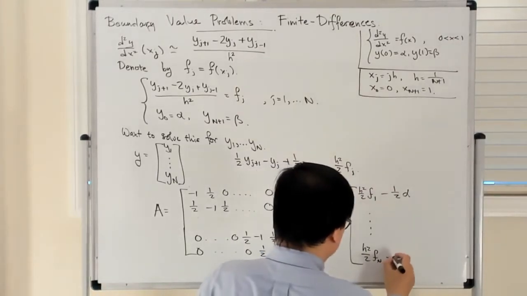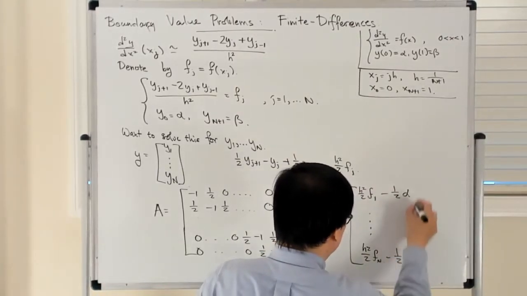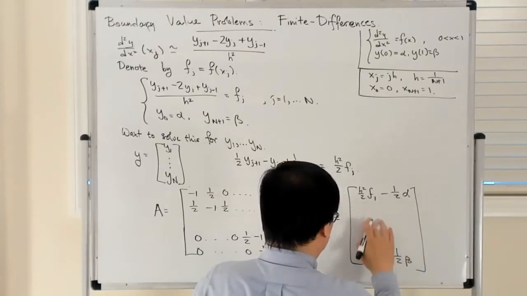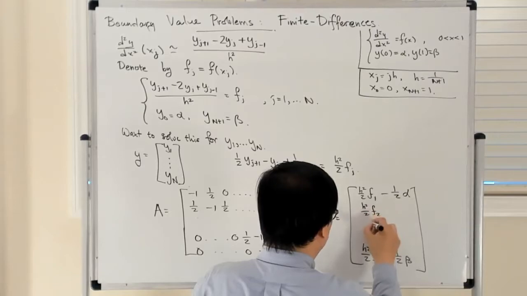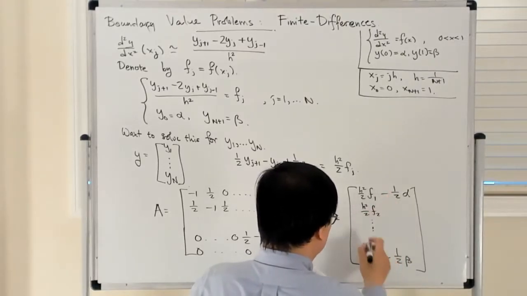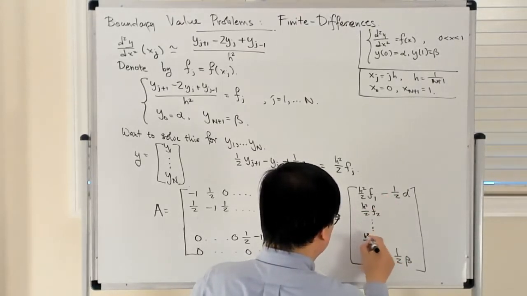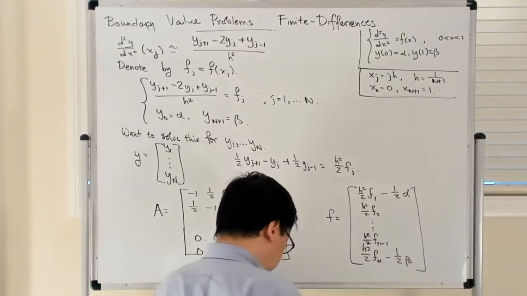So this becomes -1/2 beta. But everything else in the middle, with the exception of these boundary terms, just involves these 1/2 fj terms.